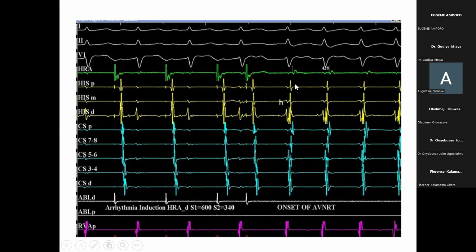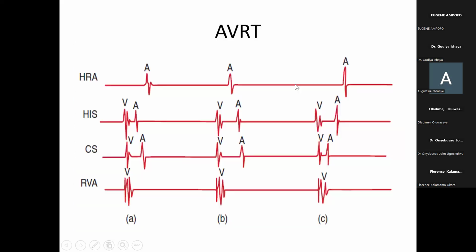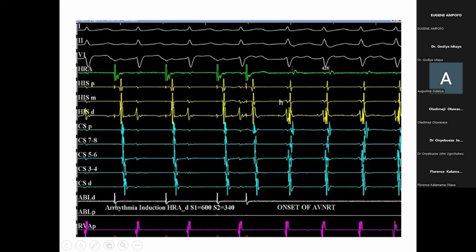Just to guide us during EP, if we have V1, can it show something that can look like a retrograde P wave that could serve as a guide? Because what you showed us now when it was fast looks like if we have a surface ECG that could show that retrograde P wave, it could actually fall in line with this rapid one. I don't know if my question makes sense.